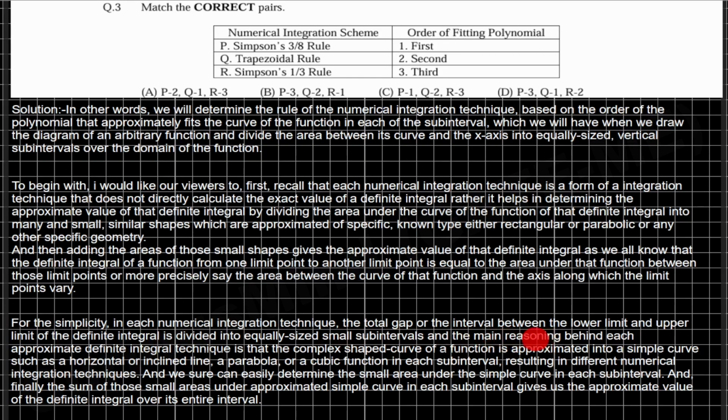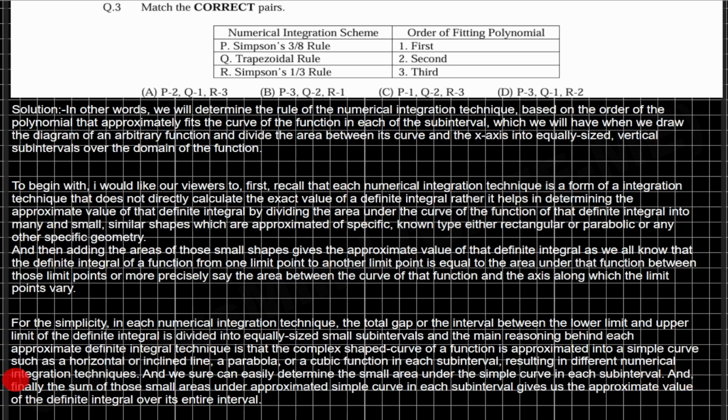And the main reasoning behind each approximate definite integral technique is that the complex shaped curve of a function is approximated into a simple curve such as a horizontal or inclined line, a parabola, or a cubic function in each subinterval, resulting in different numerical integration techniques, and we can easily determine the small area under the simple curve in each subinterval.